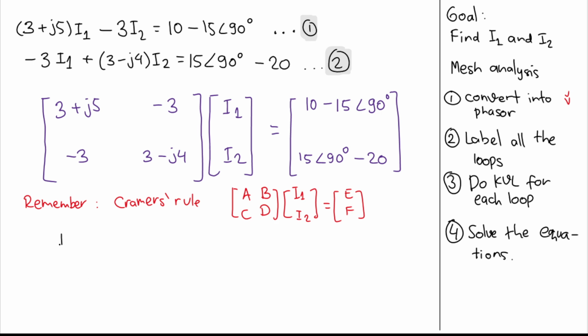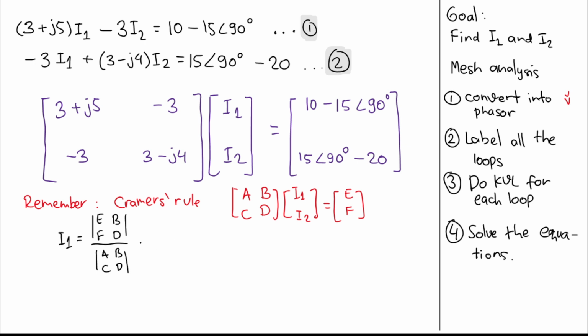I1 is equal to: we replace the AC column with EF, keep BD, and divide by the determinant of ABCD.